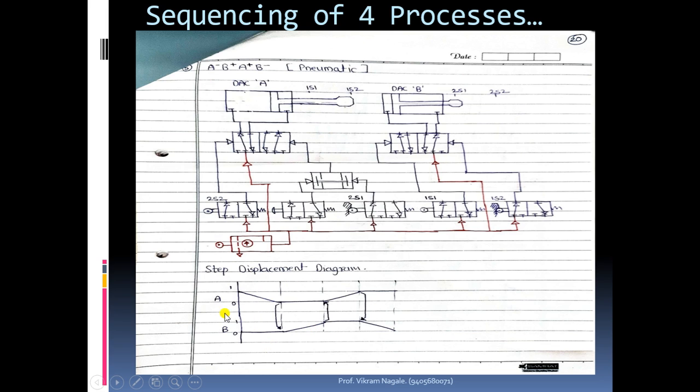Now what is this? We have discussed for the last problem also, last example also. That is, this is for cylinder A and this is for cylinder B. Whenever we are going for the first process, that is A minus, 0 1, that is two levels will be there. So from one level it will go to the 0.